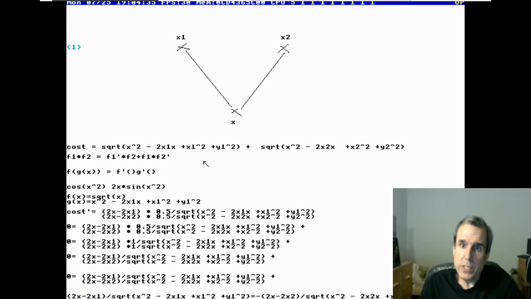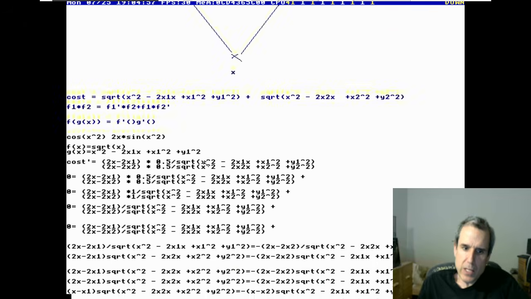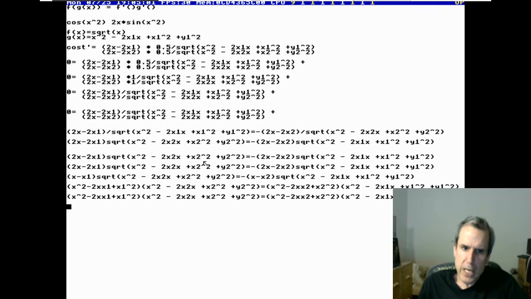Why don't we do the solution? The solution's not that bad, so I'm kind of skeptical. I don't think a fourth order polynomial is the final answer.